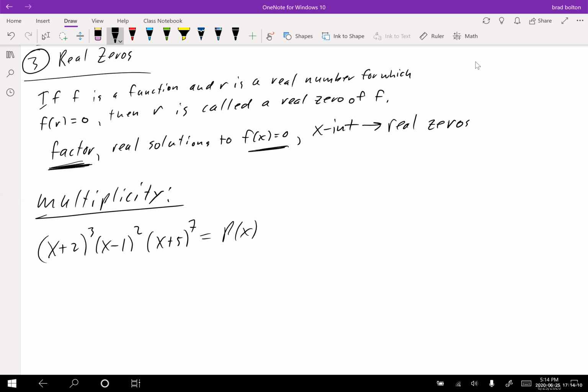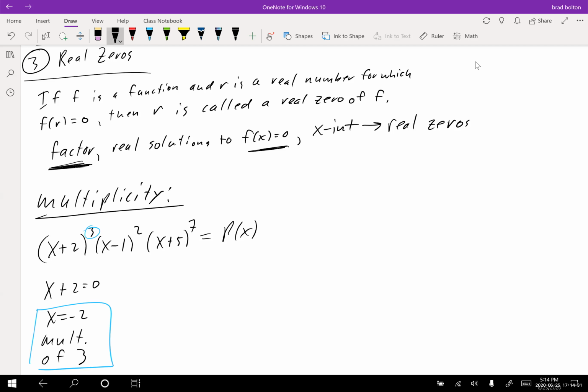What this means is x plus 2 equals 0 means x equals negative 2. This has a multiplicity of 3 because it appears 3 times in the factors.